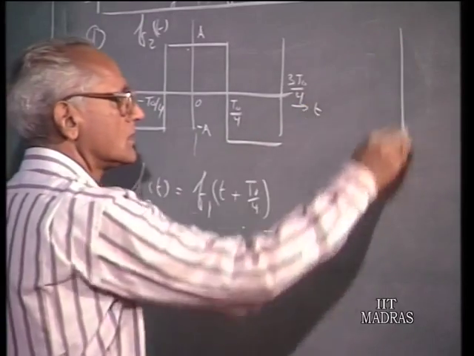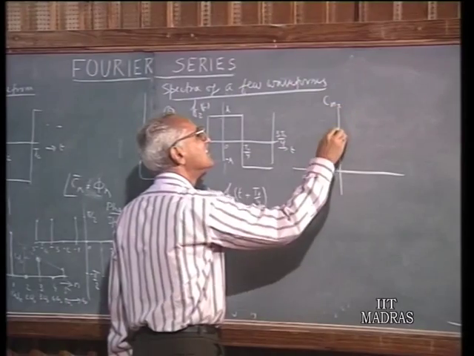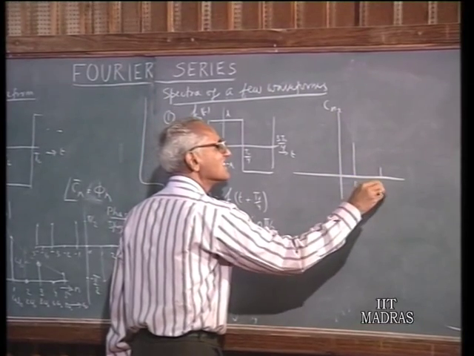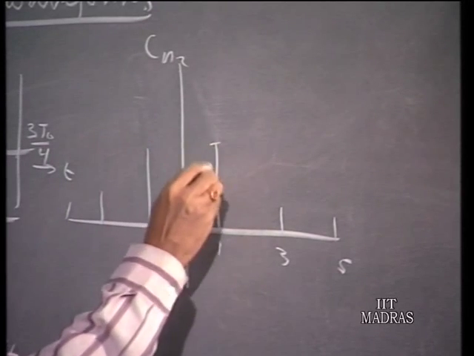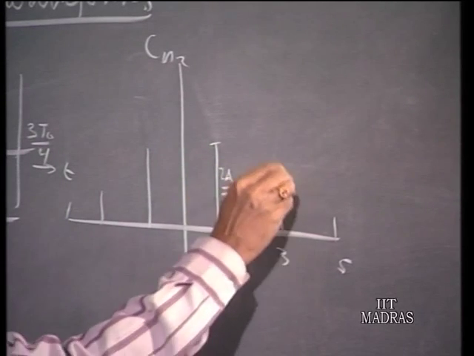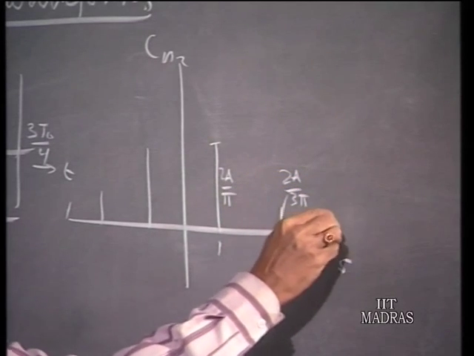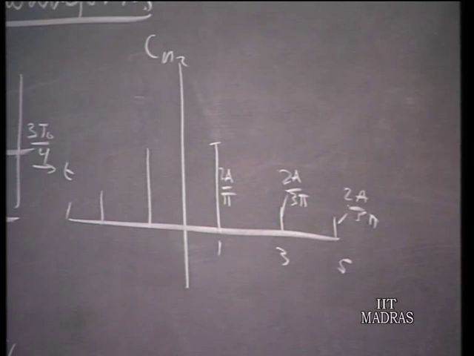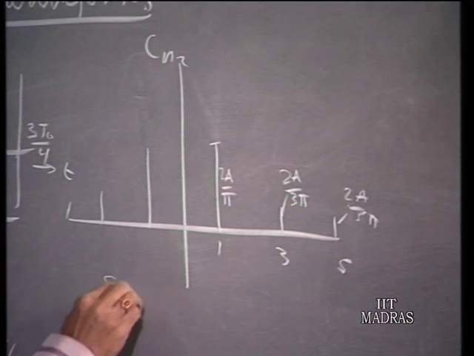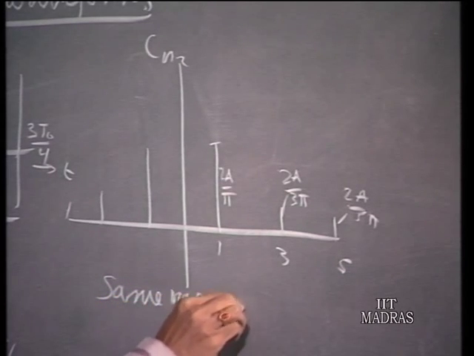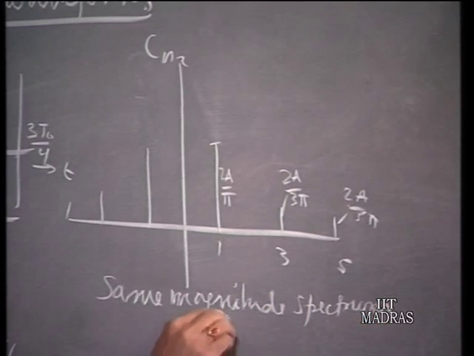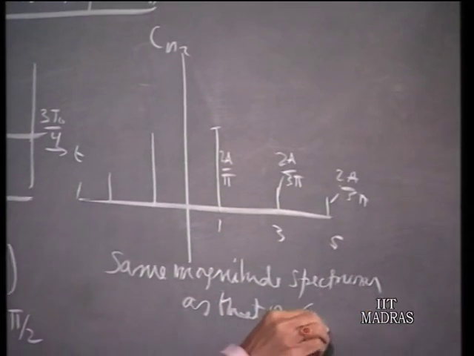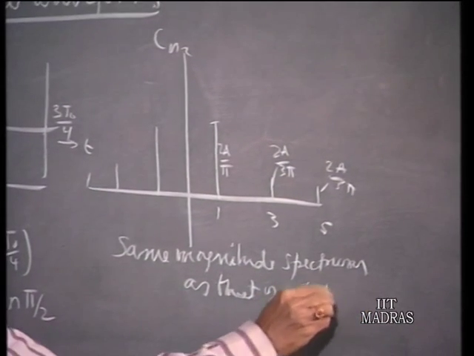So, you have harmonics 1, 3, 5, with magnitudes 2a by pi, 2a by 3 pi, 2a by 5 pi, etc. So, the magnitude spectrum remains unchanged, the same magnitude spectrum as that of f1 of t.